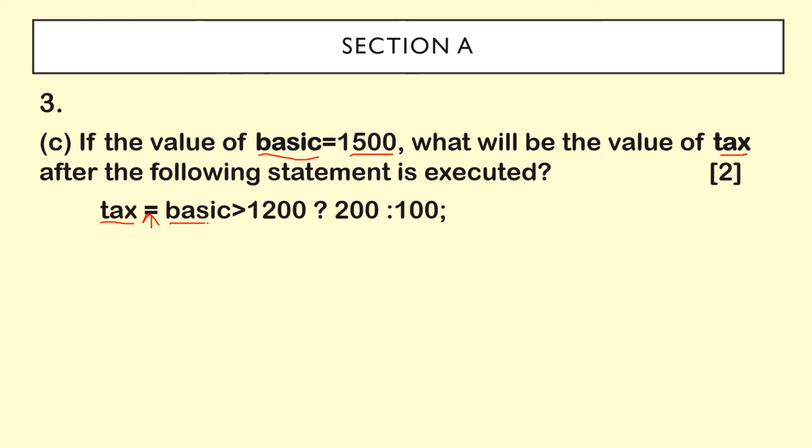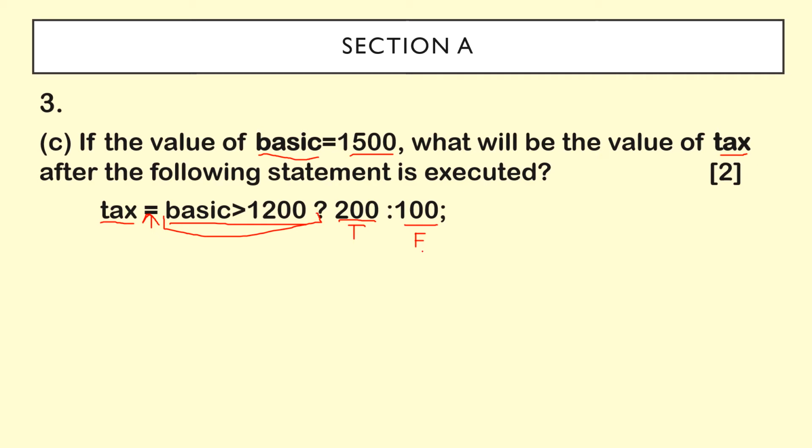Now here we have basic. Basic is 1500, which is obviously greater than 1200, and they have used the conditional operator over here, which means if this expression, from here to here, after checking, is true, then the first value will be sent. And if it is false, then the second value will be sent.